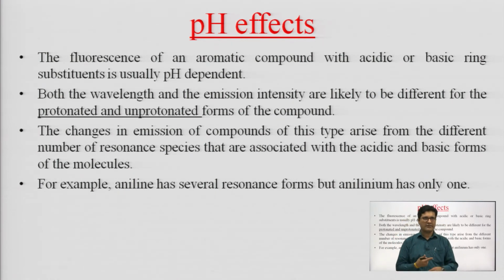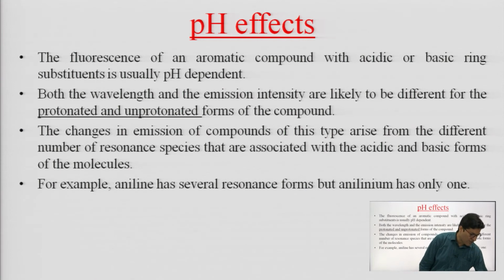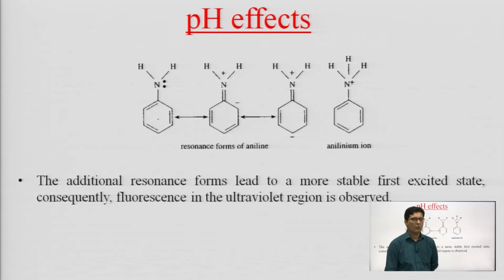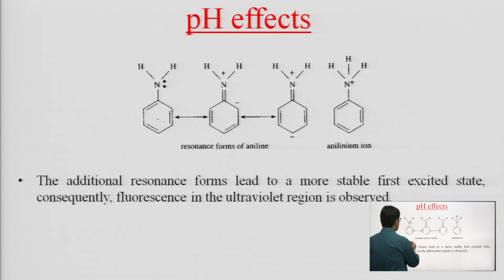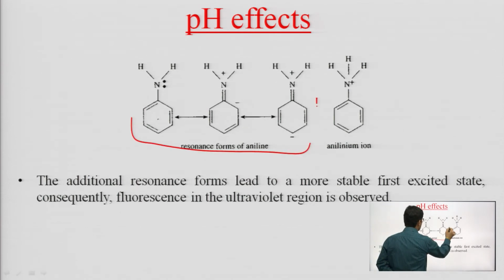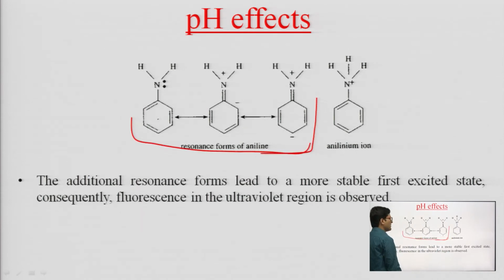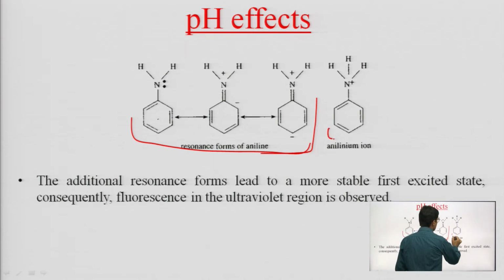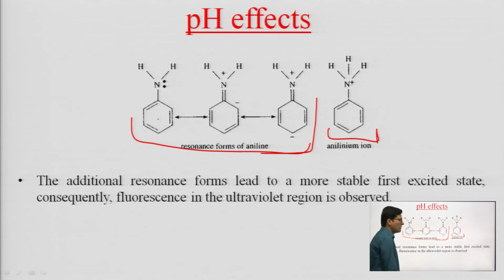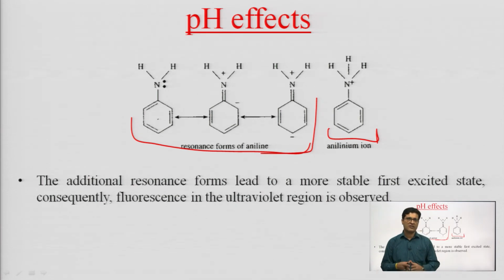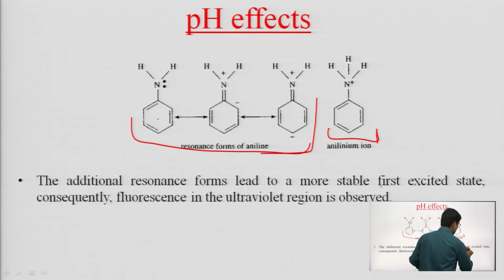An example is aniline, because aniline has several resonating structures, but if we look at the anilinium ion, it has only one structure. So, this is the resonance structure of aniline. You can see it can exist in three different resonating forms, whereas the anilinium ion has only one resonating structure. The resonance forms also lead to a more stable excited state.